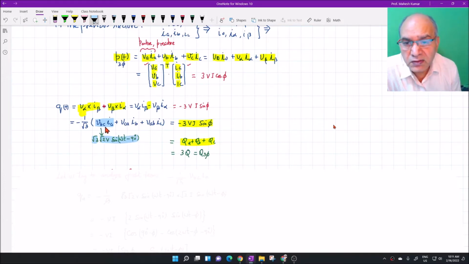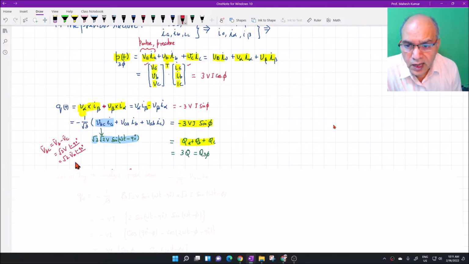So Vbc is nothing but Vb minus Vc, you know it. I can write it in phasor form, and this is nothing but root 3 into V angle of minus 90 degrees, which means this is root 3 times phase A shifted by minus 90 degrees.